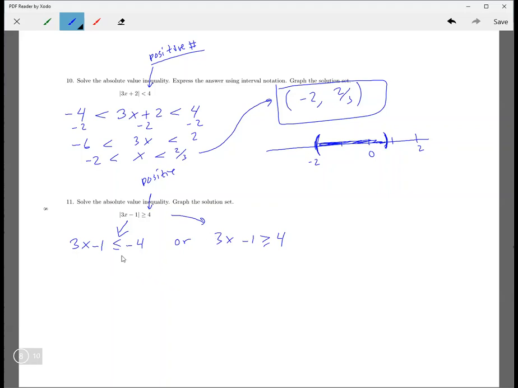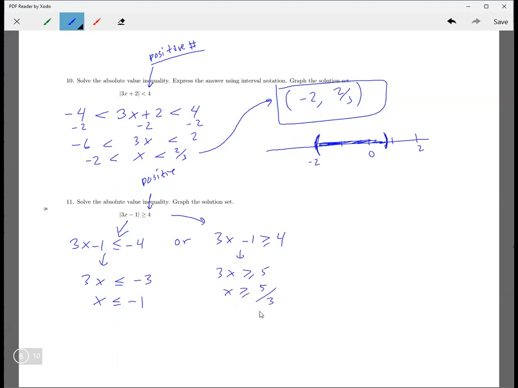Okay, and then for this one, you do each of these separately. So here you add 1 to both sides. So x less than or equal to -1. And then here, add 1 to both sides, and then divide by 3.